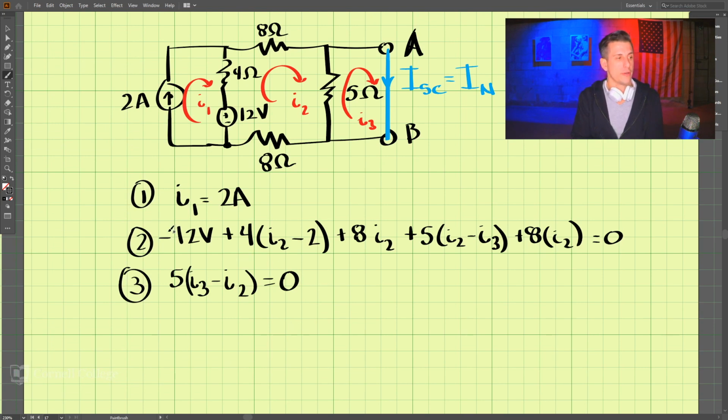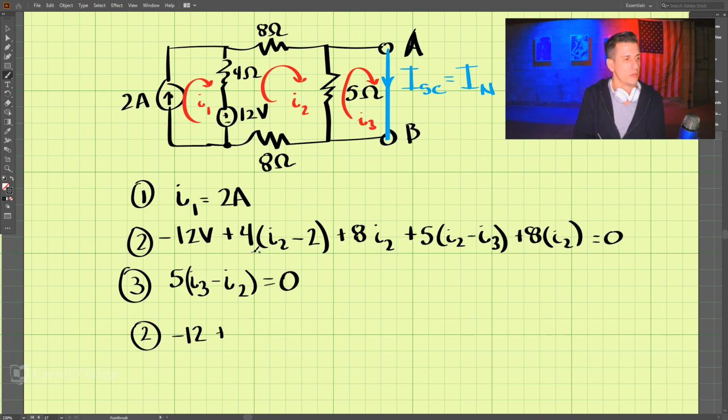Let's work on 2. Let's simplify 2. And we have negative 12, and then 4 plus 8 plus another 8. That is 20 I2. And then we have negative 8. Oh, I forgot this one here. That's not right. Not 20.